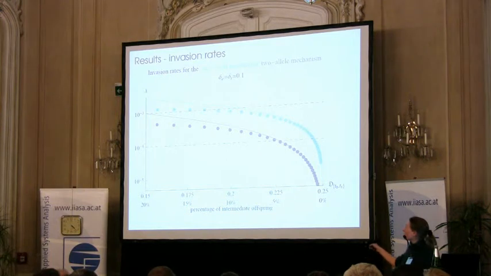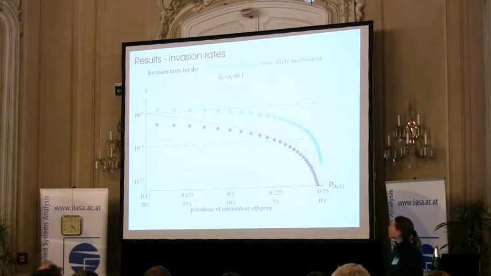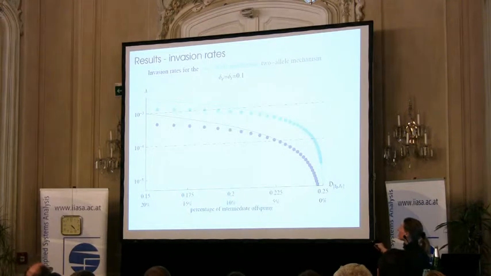On the y-axis, on a log scale, you see the invasion rate of the modifier, which I call lambda. The dots are the numerical exact results for, in blue, a one allele mechanism and, in gray, a two allele mechanism, and the curves correspond to the approximations. This is for a modifier of small effect, here 10%.